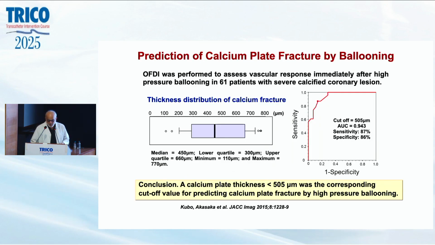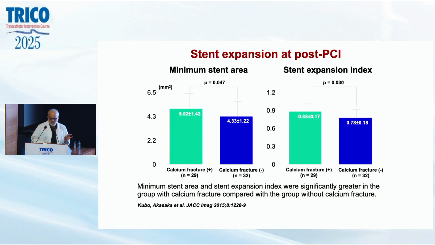Why is it so important? Again, a beautiful study by Dr. Akasaka's group. If you are creating a proper calcium fracture, it helps in increasing the minimal stent area as well as the stent expansion index. So how does it help us clinically?